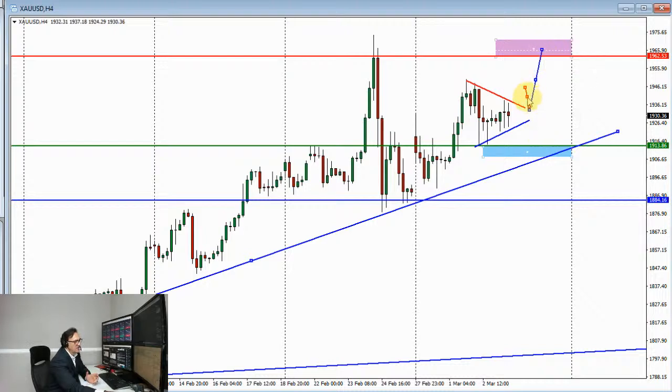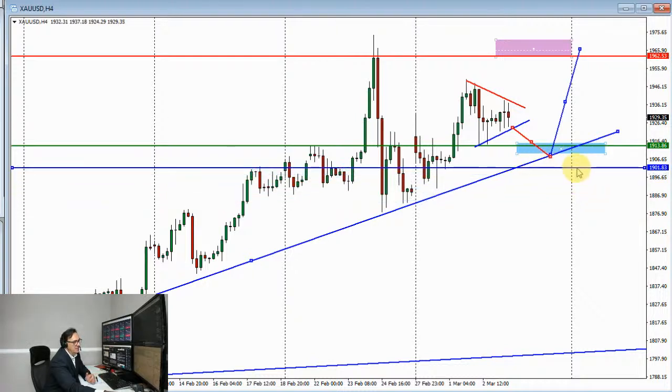Bearish traders are looking for a sell-off and a dip, in particular a loss of these lows down here at 1930. That could possibly open the way for a gradual move lower towards this rising trend line, where there would quite likely be a lot of buyers, and that comes to about 1905, 1900, 1890 as well.